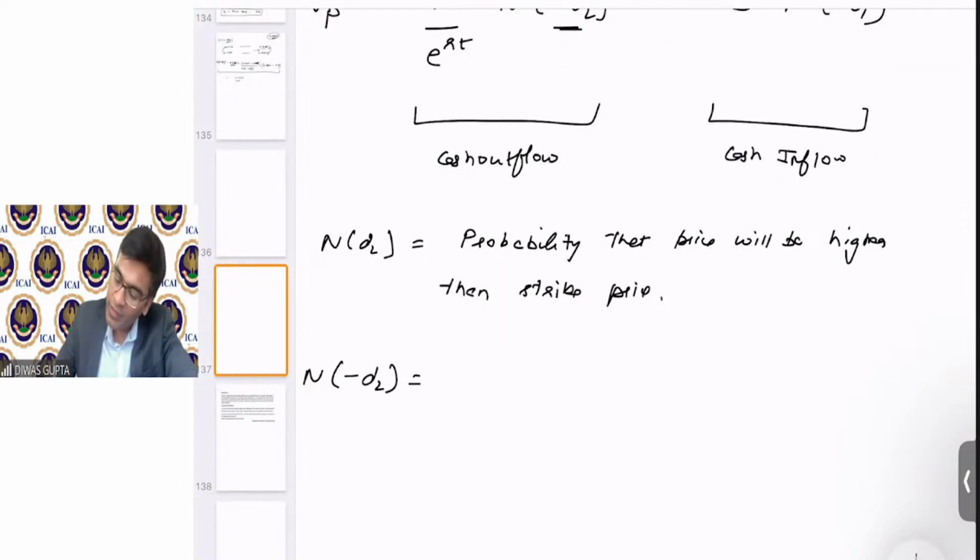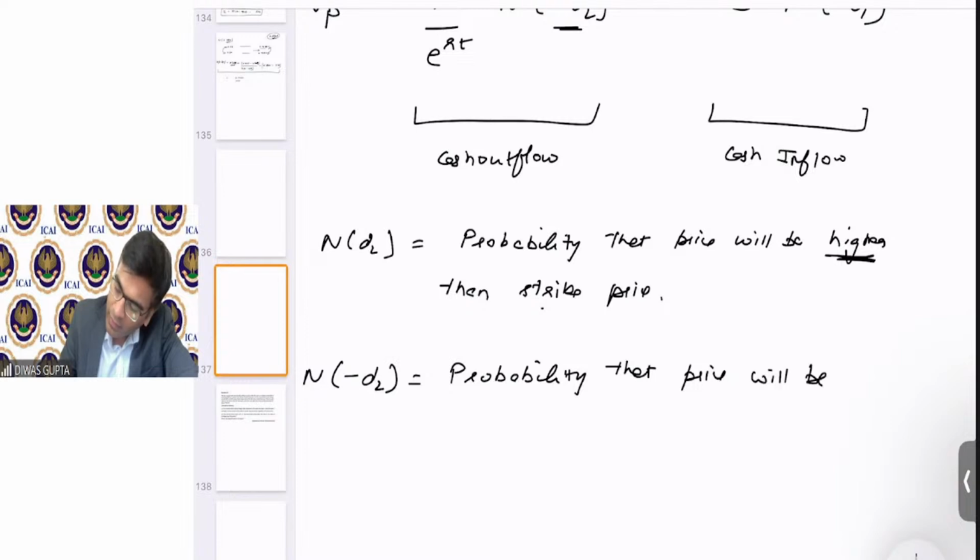If N(d2) is the probability that price will be higher than the strike price in case of a call option, N(-d2) is the probability that price will be dash than strike price.